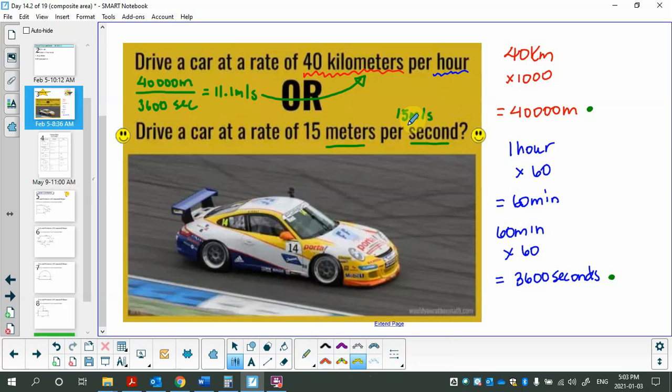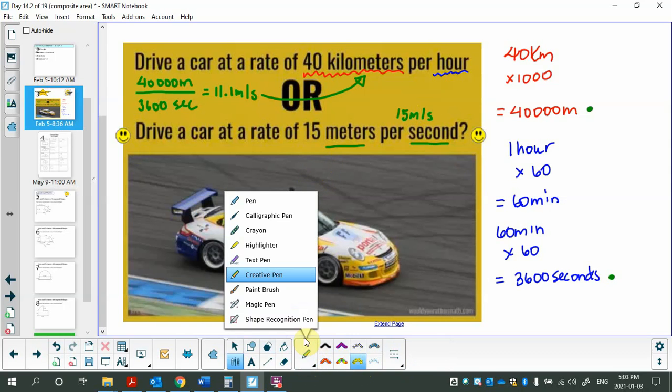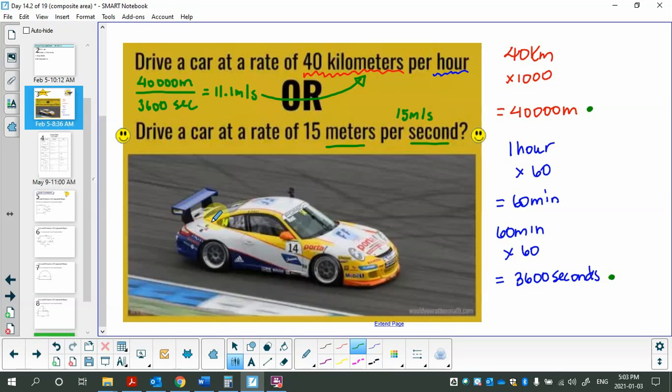So out of these two, 15 meters per second is faster than 11.1 meters per second, so that's the one I choose. I don't know if you choose the same. All right, so I need to put my pen back to normal. Otherwise, I'm going to be drawing with a whole bunch of happy faces.